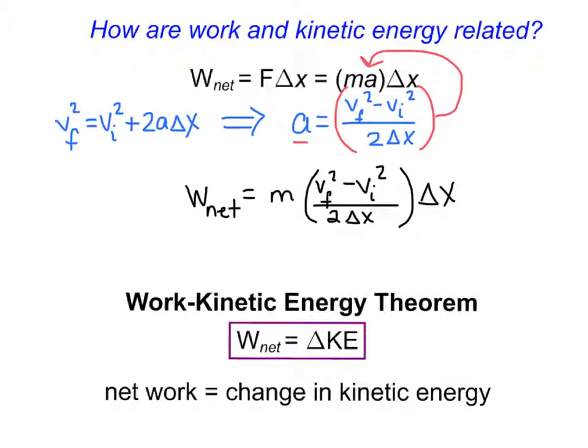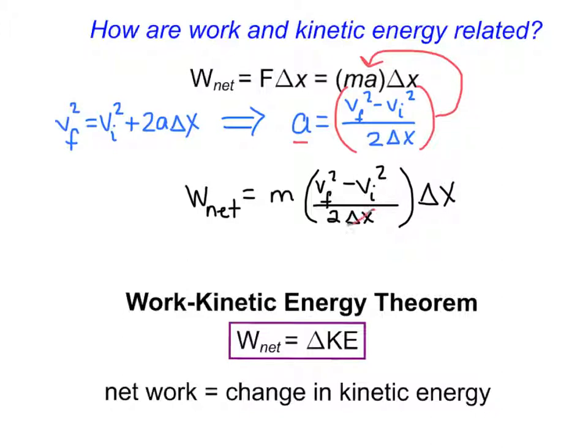When I rewrite that, the equation looks like this. My net work is going to be equal to the mass times the acceleration, which is all this, replacing the variable for it, times delta x, my change in displacement.